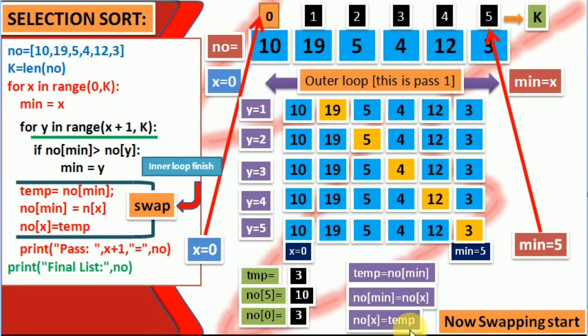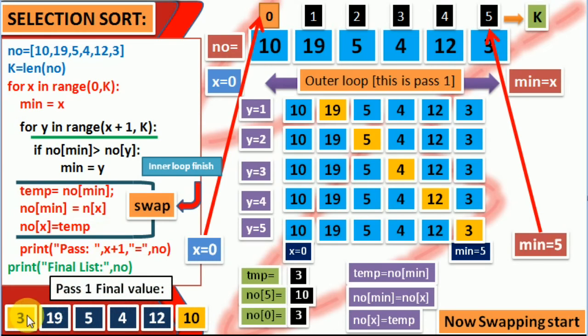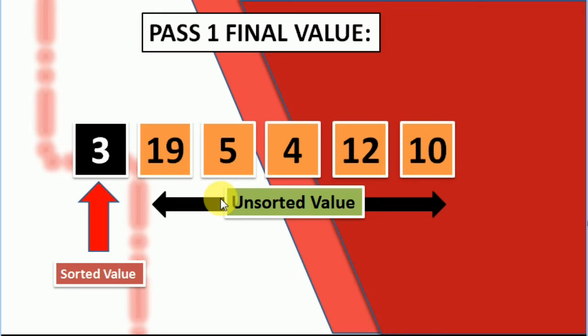That is 3. So it overrides the value of a of 0 by 3. So the final result of the first pass of selection sort is like this: 3, 19, 5, 4, 12, 10. It means we got the first sorted number on our left side, and these are unsorted numbers. So this is our final pass value.